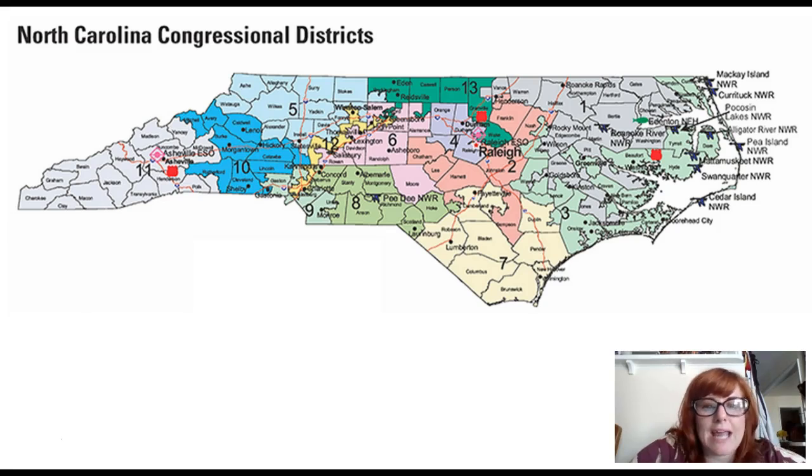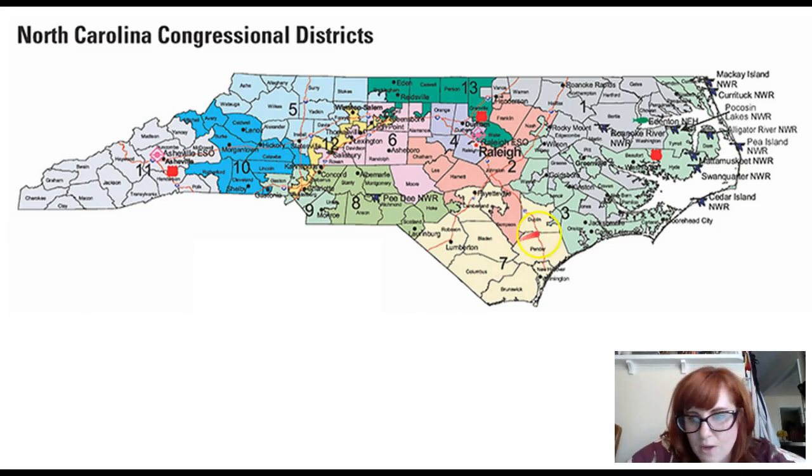Another would be a congressional district or a voting district, right? So let's see, we have a border here for District 7. Everybody within District 7 has the same congressman, okay? So formal regions, unlike a lot of other region types that we'll go over, do have specific borders.